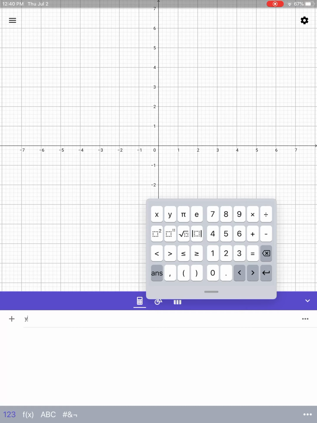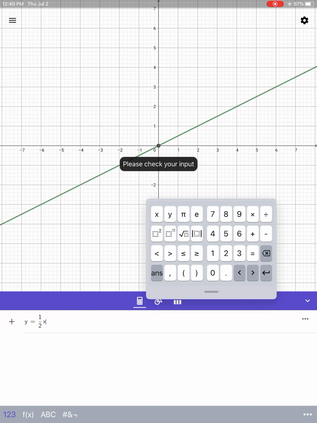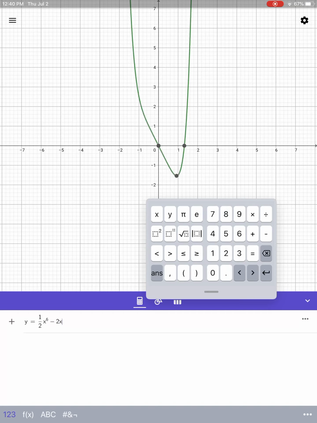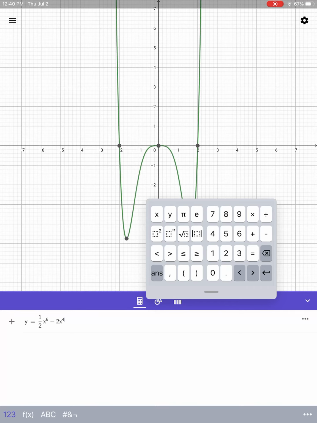So the graph is y is equal to 1 divided by 2 x to the power of 6 minus 2 x to the power of 4.